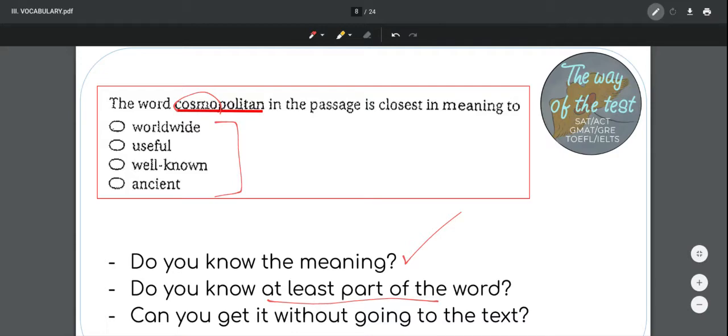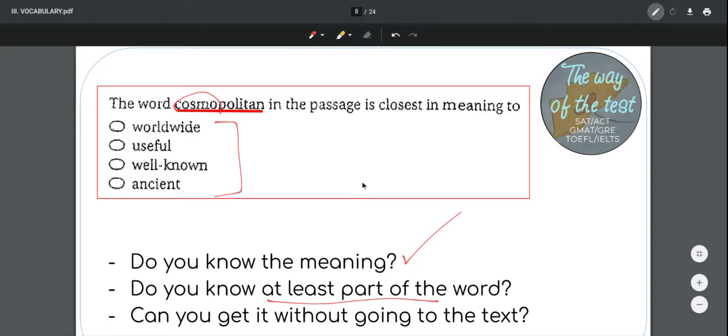If you know just part of it, try to get it from there. Cosmos, maybe you have heard this word. Also remember, if this word exists in a variation in your own native language, use that. Maybe there's a variation with a different accent in your language. If it exists, it probably means the same.